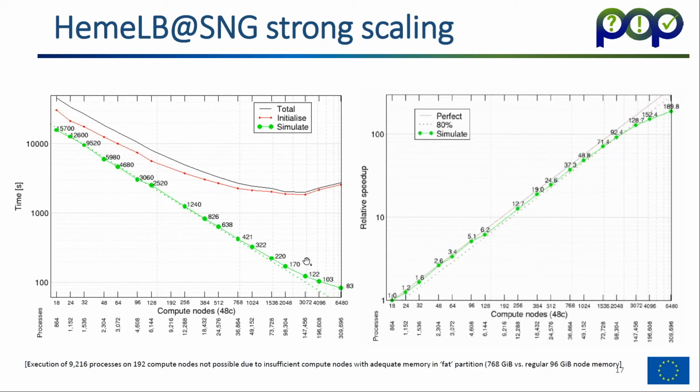There's just a little bit less work for each process to do, and that reduces our efficiency. But we're able to see a great speed up over that scale, up to a factor of 190 on the full system. So by going from 18 nodes up to the full system, that's a 190-fold speed up.